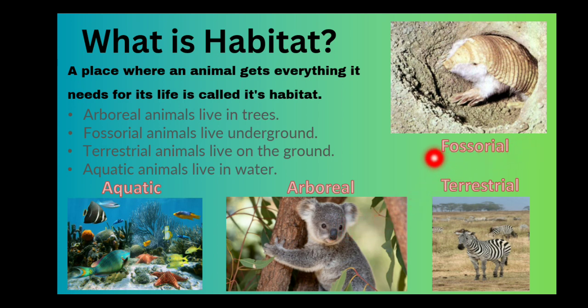Fossorial animals are animals that make holes in the ground and live in them, like rabbits and moles. In this unit, we are going to focus on only two kinds of habitat, that is terrestrial and aquatic. So terrestrial animals live in terrestrial habitat and they live on the ground. Aquatic animals live in aquatic habitat and they live in water.